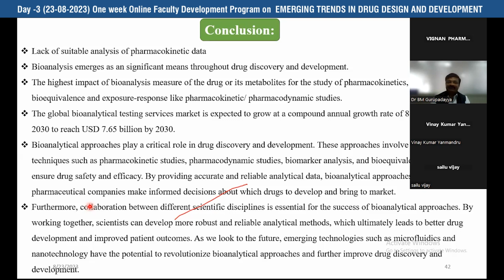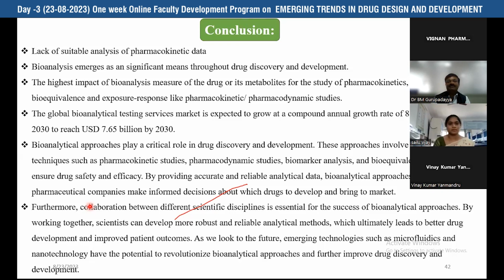As we identify that the drug is available in a particular biological origin, it can be identified effectively by using the pharmacokinetic data. Bioanalysis emerges as significant throughout drug discovery and development, and its highest impact is the measurement of the drug and or its metabolites for pharmacokinetics, toxicokinetics, or bioequivalence.